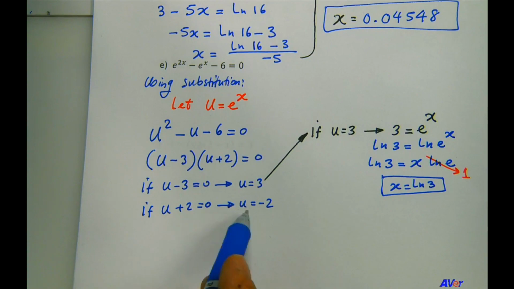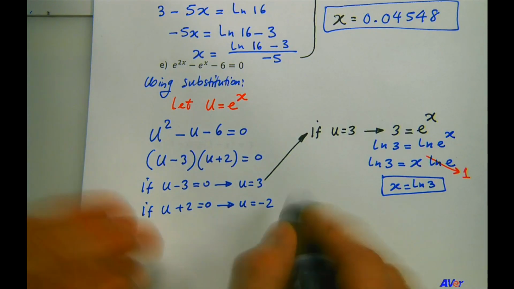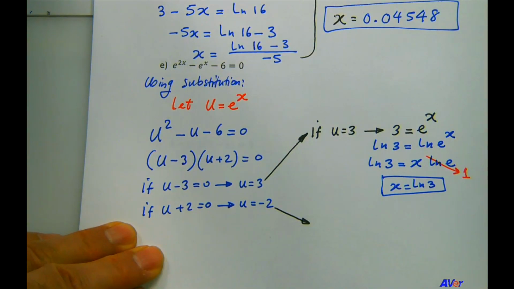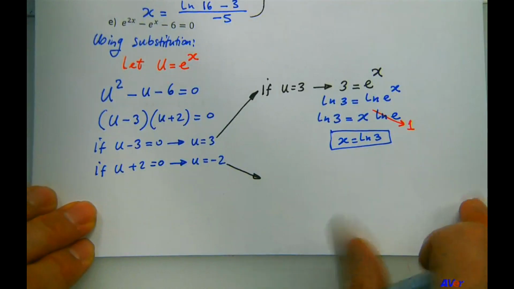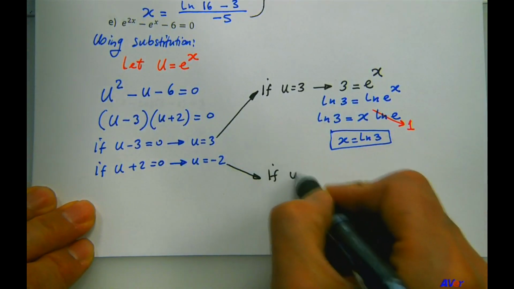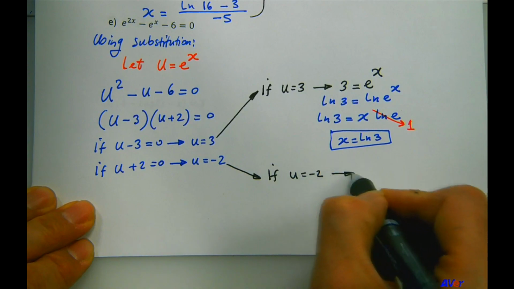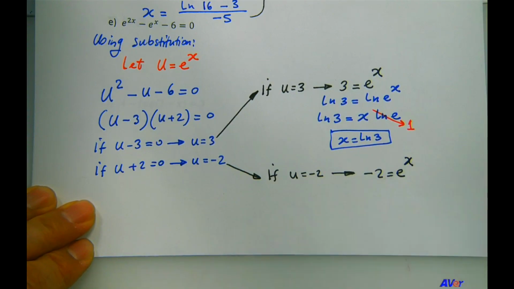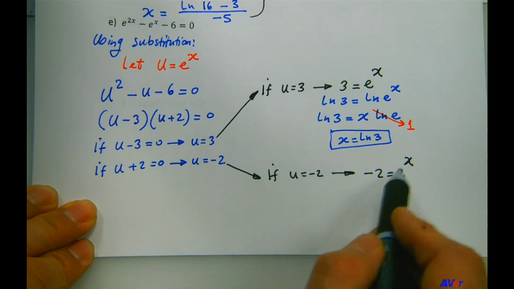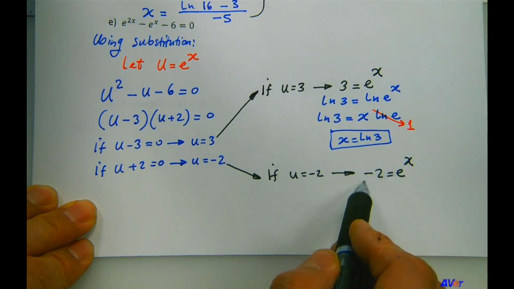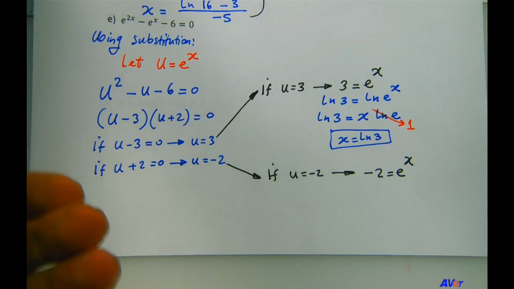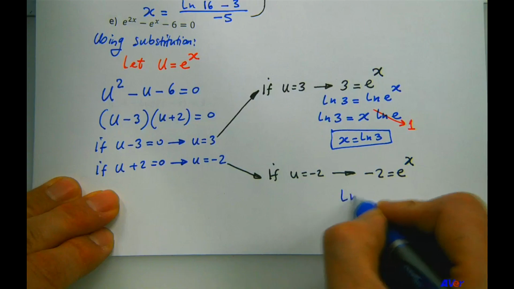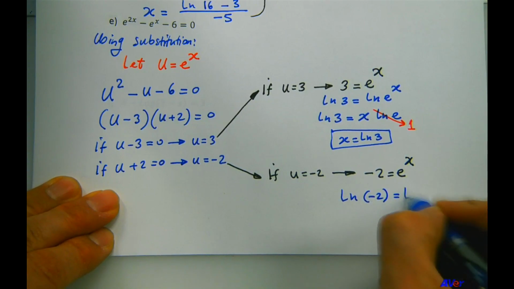What about if u equals negative 2? Well, let's do that here. If u equals negative 2, then negative 2 equals e to the x. Right? What do we do now? In order to solve for x, we need to take the natural log of both sides. Is that allowed? Natural log of negative 2 equals natural log of e to the x.